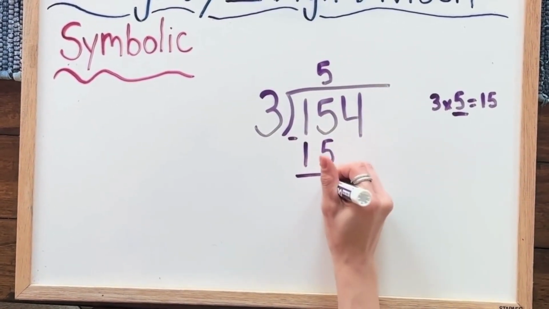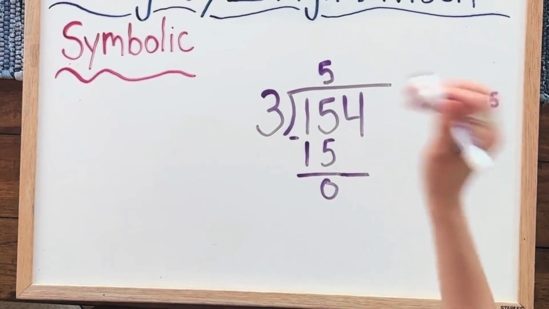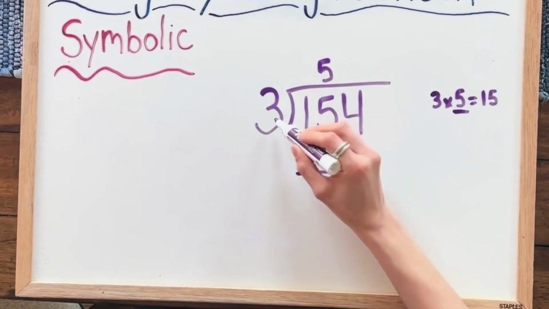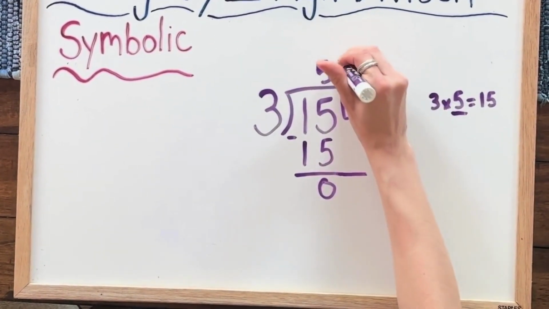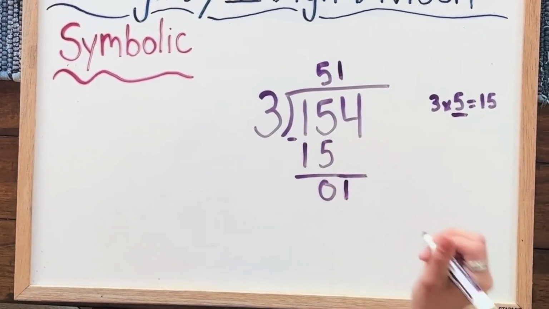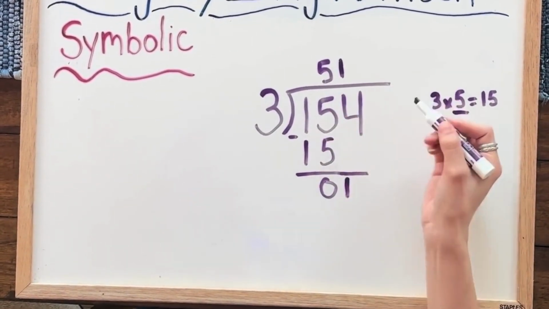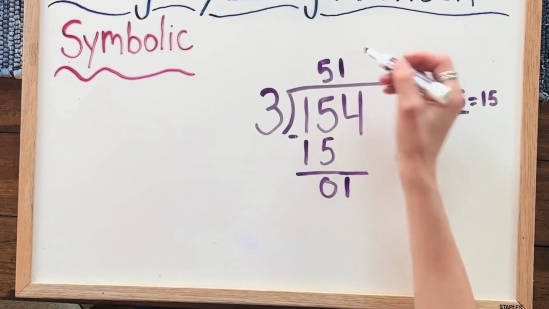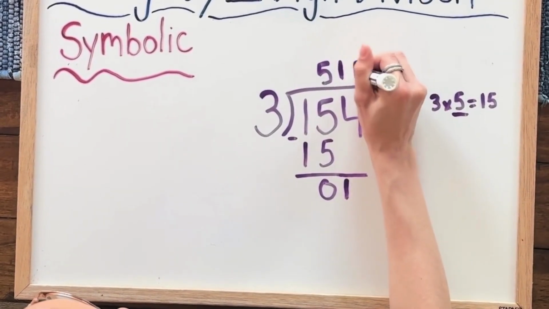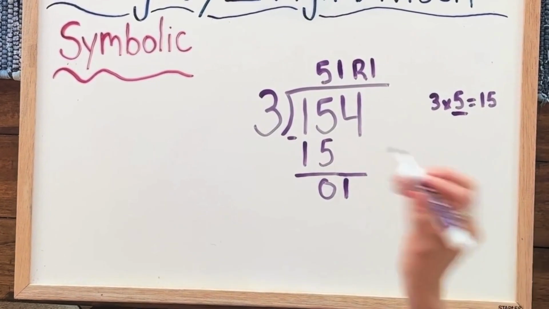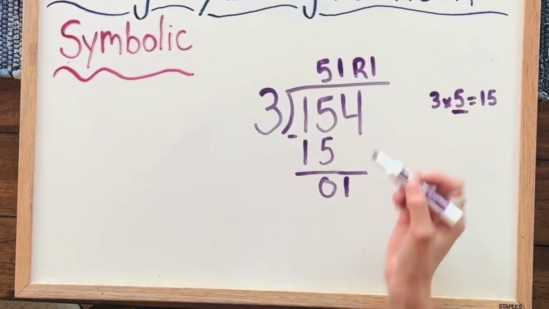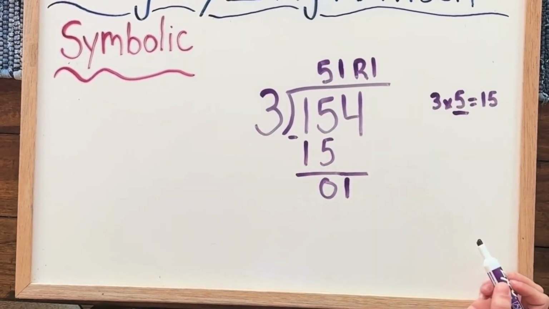Subtracting those gives us 0. If we look at the 4, 3 goes into 4 1 time with 1 remaining. So we have 51 with a remainder of 1. Our answer for 154 divided by 3 is 51 with a remainder of 1.